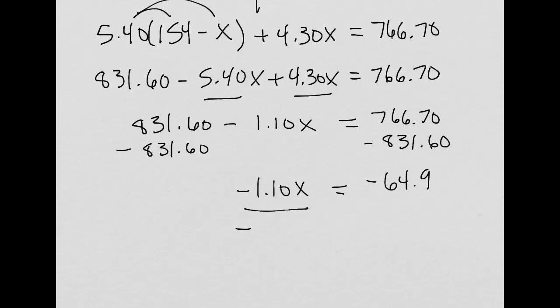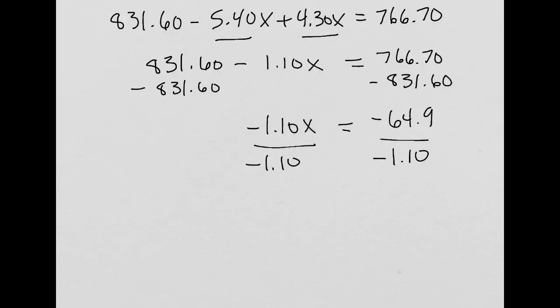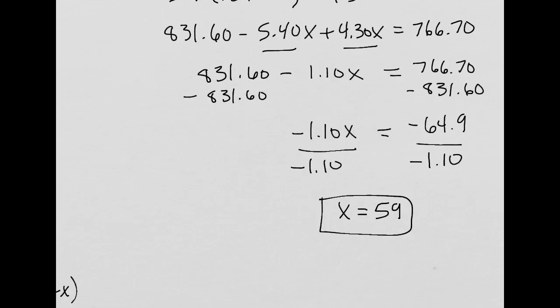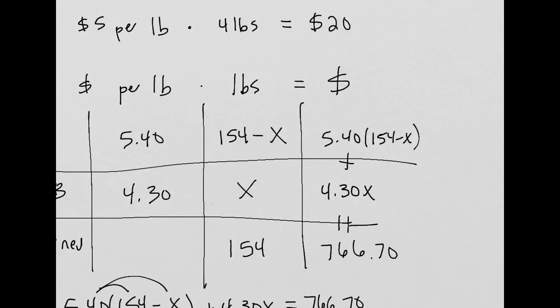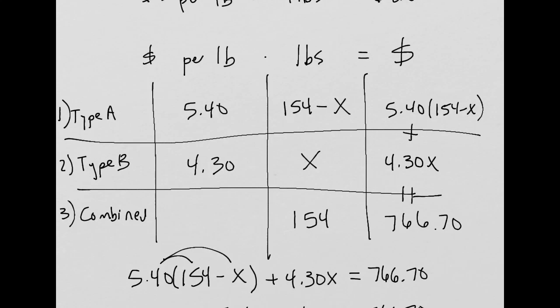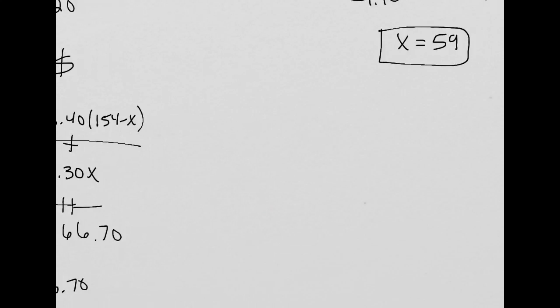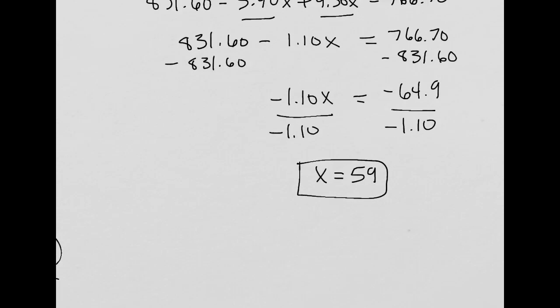Divide both sides by negative 1.10, and x equals 59. And remember, because of the way that we labeled our table, x was exactly what we were looking for. That represented the number of pounds of type B coffee, which is precisely what we were interested in finding. So x equals 59 is our final answer.